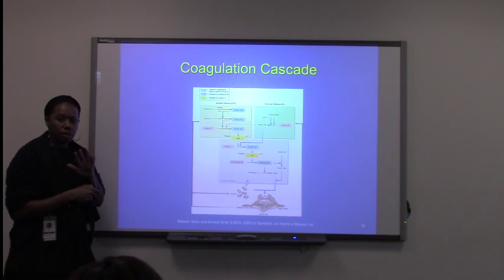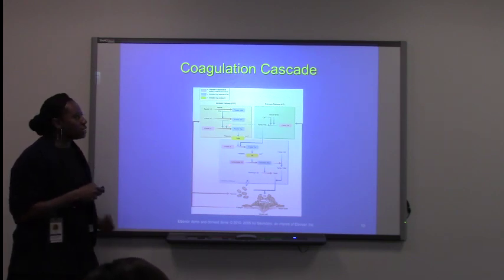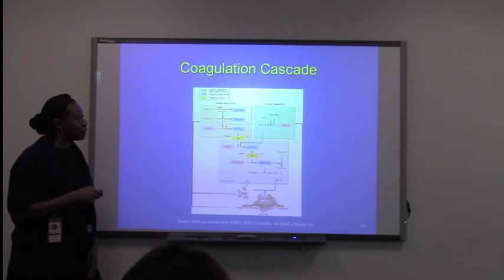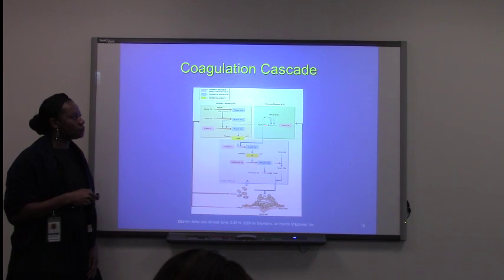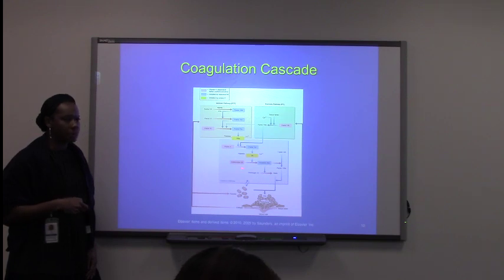What I want you to know, to make your life easier, please make sure you know the factors that are involved with each pathway. So make sure you know which factors are part of the intrinsic pathway, which factors are part of the extrinsic pathway, and which factors are also involved in the common pathway.